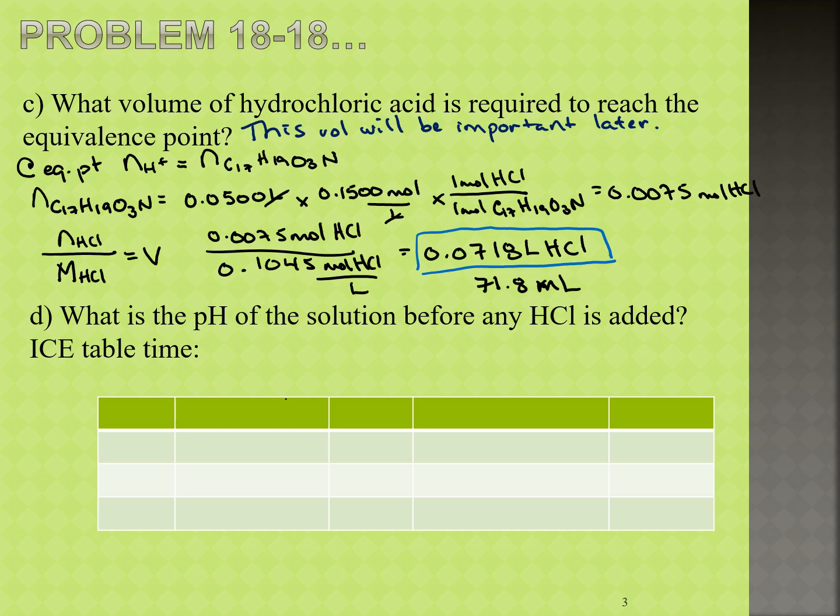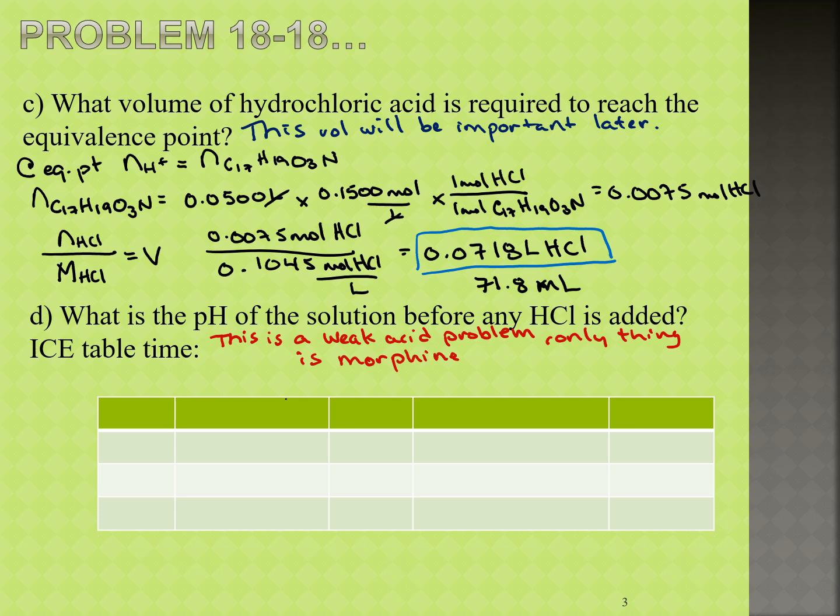All right, D asks, what is the pH of the solution before any HCl is added? So this is just a weak base problem, because the only thing present is our morphine.